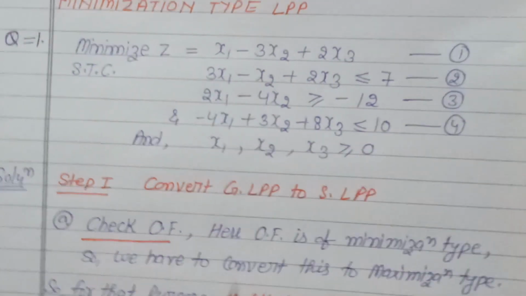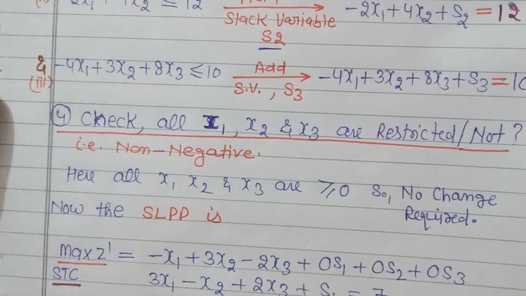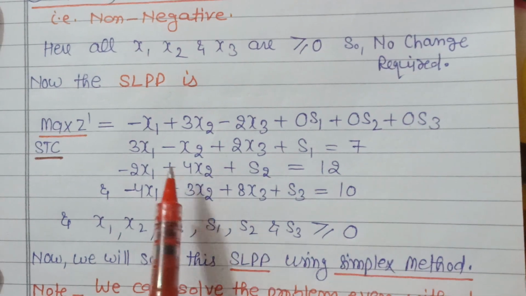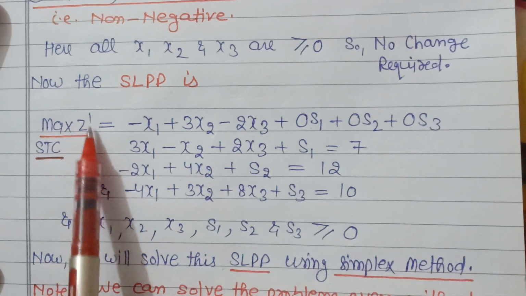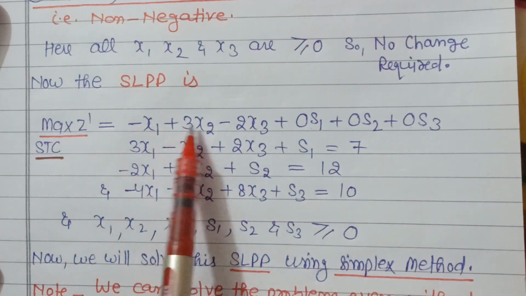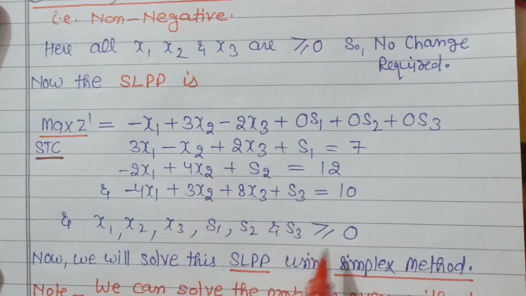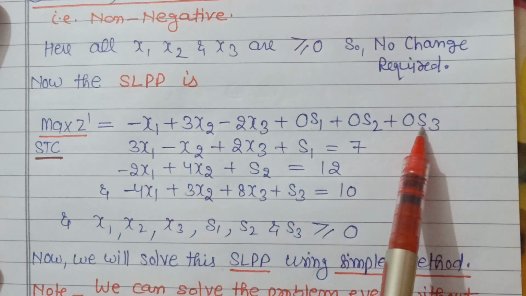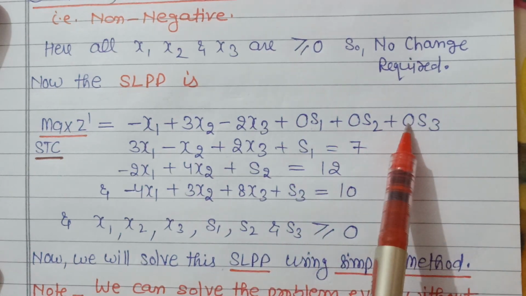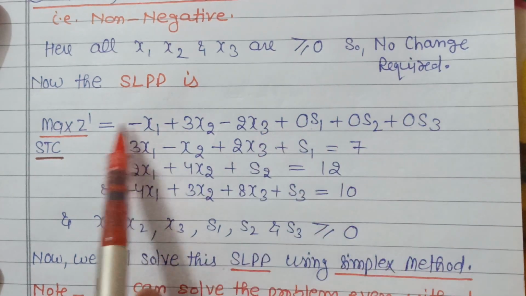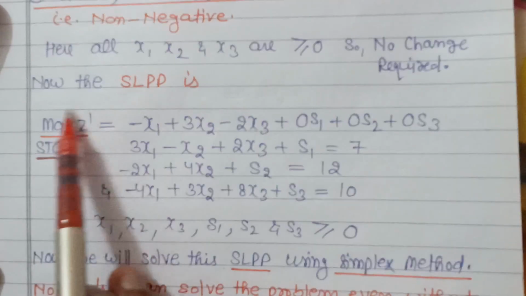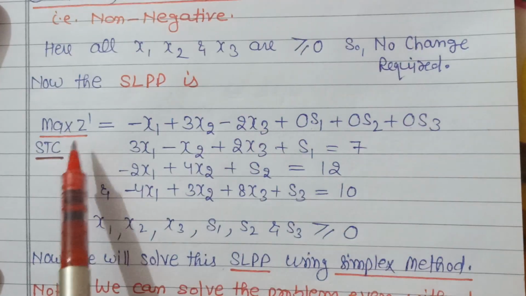So the final standard linear programming problem will now be: maximize z bar equal to minus x1 plus 3x2 minus 2x3. As you know, we have to add these three slack variables with coefficient 0 each into the initial objective function, so the final objective function will be this equation.